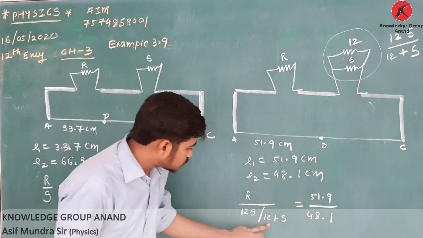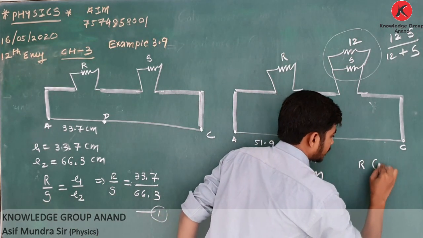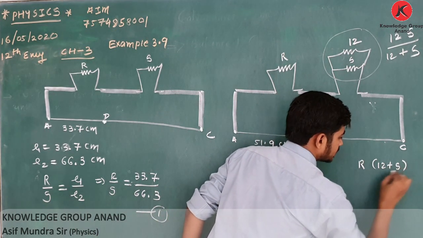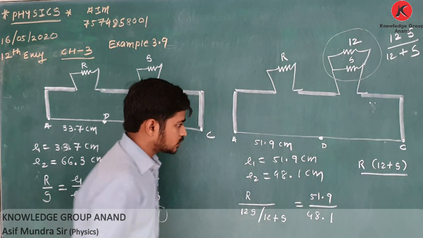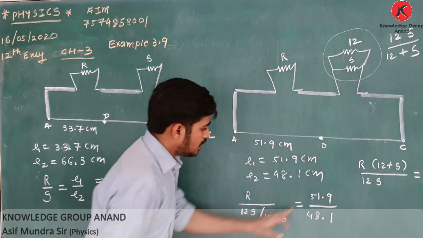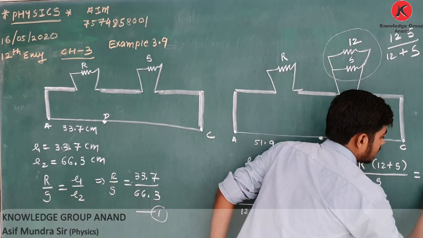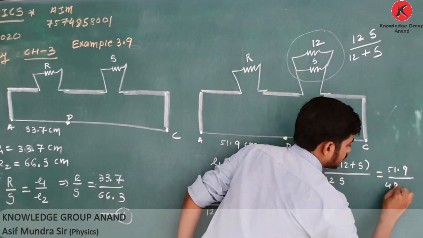Clear? The 12 plus S goes in the numerator. So here it is R times 12 plus S divided by 12S is equal to 51.9 divided by 48.1.